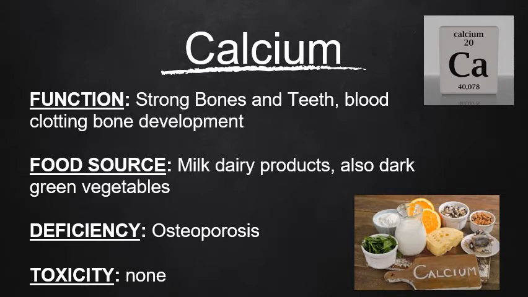There is nothing that is toxic about getting an enormous amount of calcium. Calcium is good for you, and there are not really any negative effects of getting too much as far as it being toxic to your body. However, it can lead to some problems in some people, but it is not considered toxic.